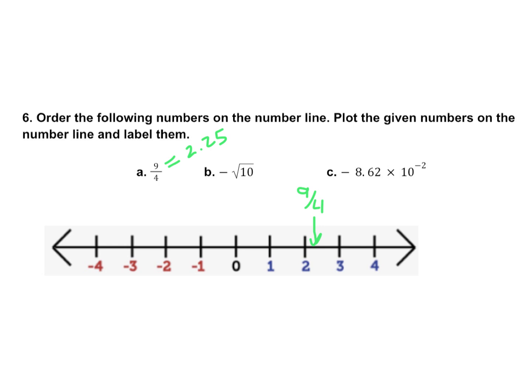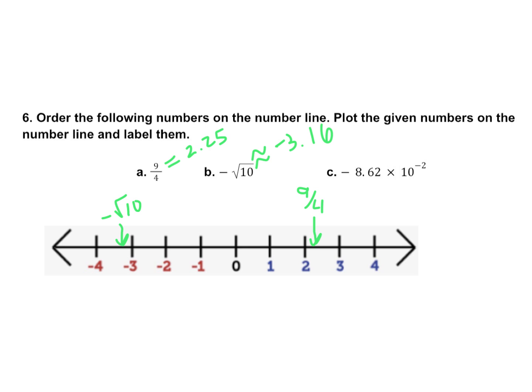A negative square root of 10, so I'm going to use my calculator for that, and that gives me approximately negative 3.162. So negative, just past the negative 3 mark. So right here is the negative square root of 10. And then the last one, let's see, a negative exponent makes a smaller number.